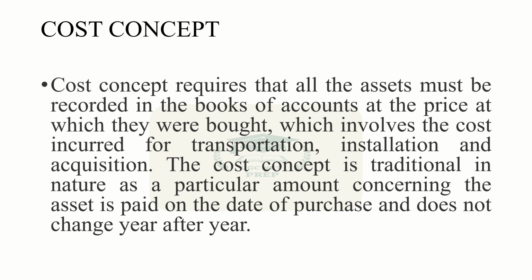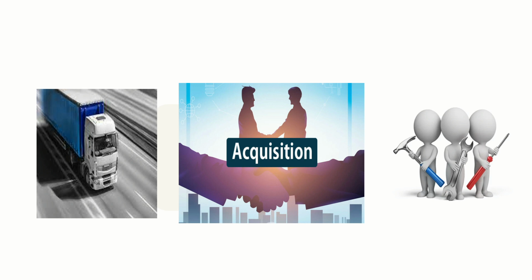The costs involved in its transportation, installation, and acquisition are also included. This is the amount that will be recorded as the cost of that particular asset in the books of account. So if it was bought in 2010 at rupees 20,000, the computer will be shown at the same price in 2017 in the books of accounts.